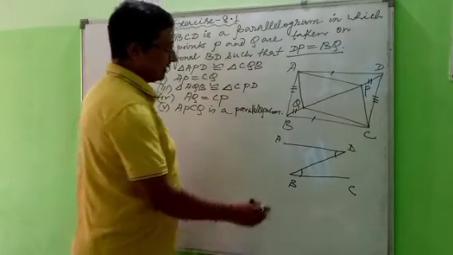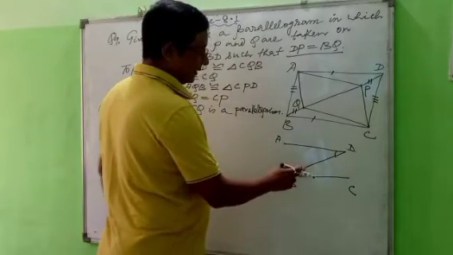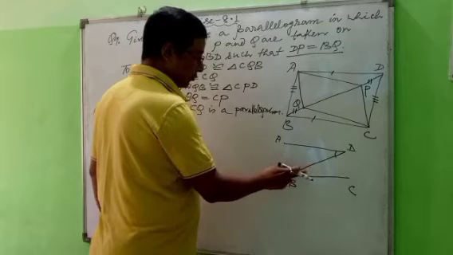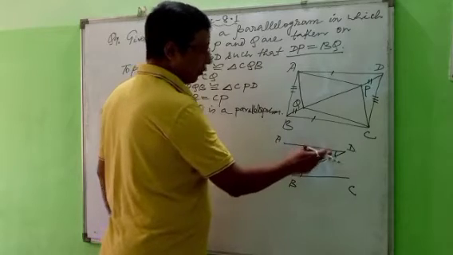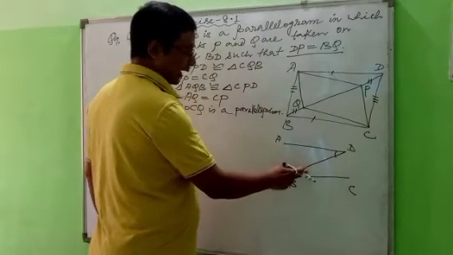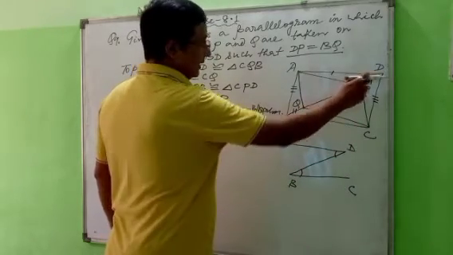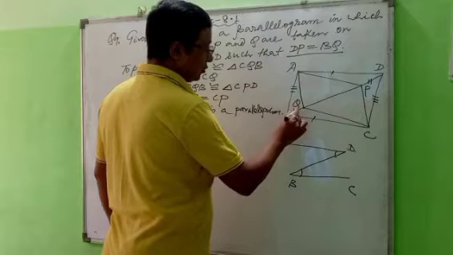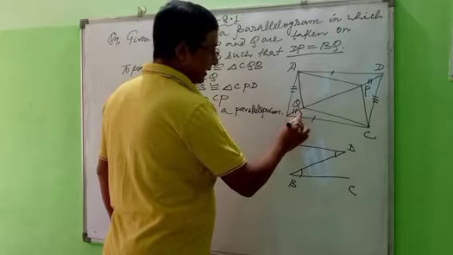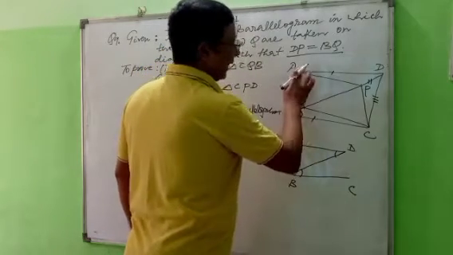Then next, you will get these two angles equal because they form a pair of alternate angles. Angle CBD, that means CBQ, equals angle ADB.